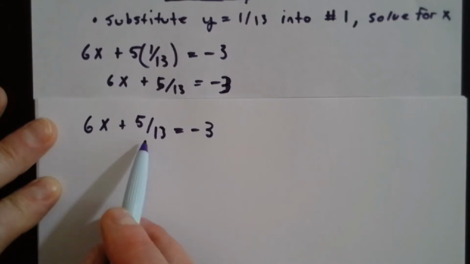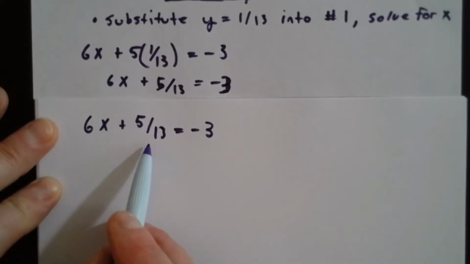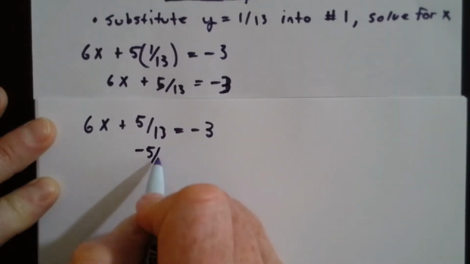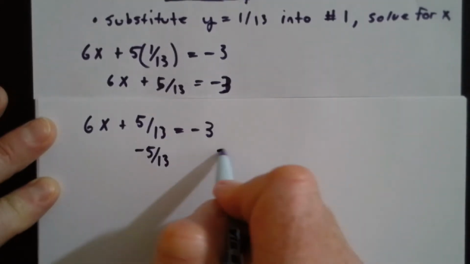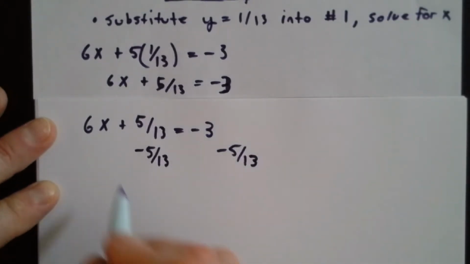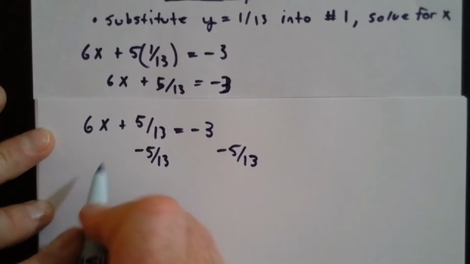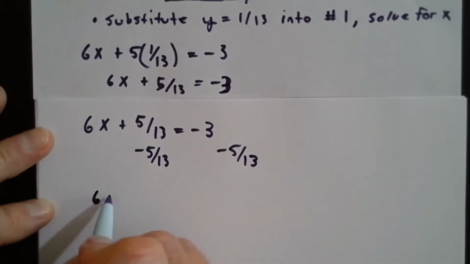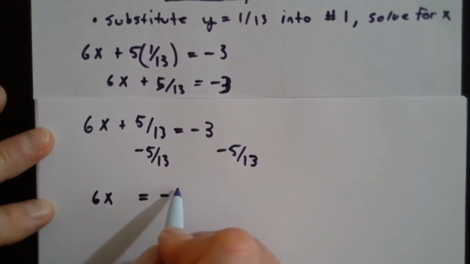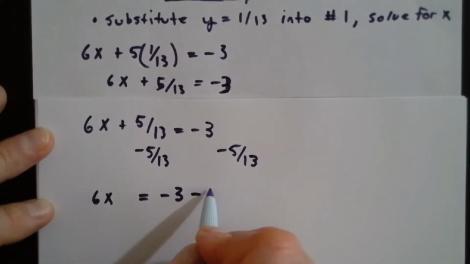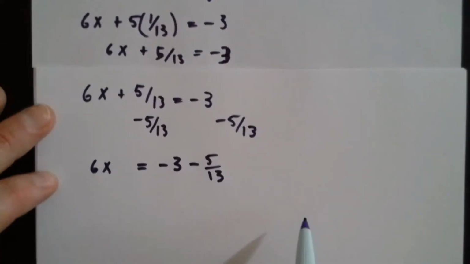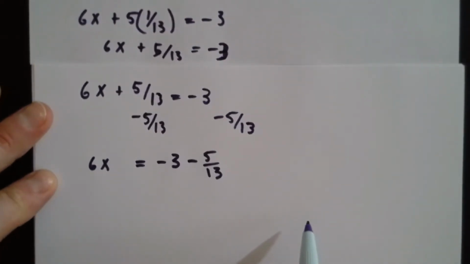We're going to use our additive identity property, or combine like terms. Minus 5/13 minus 5/13. And that's going to give us 6x is equal to -3 minus 5/13. Yes.